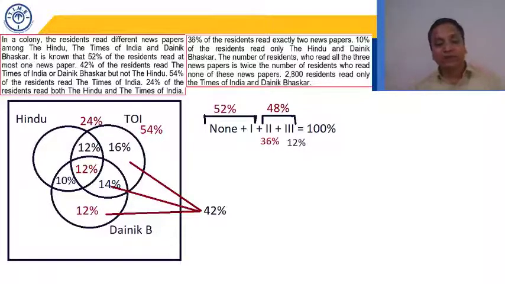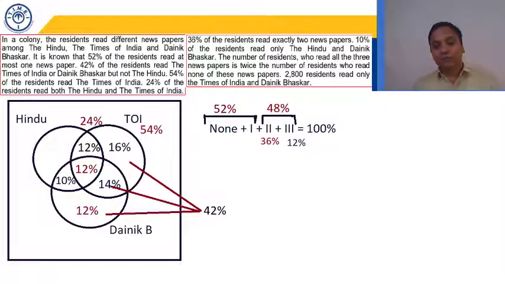Since we already found the value of two regions out of these three, 16 and 14, 16 plus 14 adds up to 30. So 30% subtracted from 42% gives me 12%. Had I known the value of exactly 1, I would have filled in only Hindu also, because in exactly 1, three regions come and we are able to find two regions.